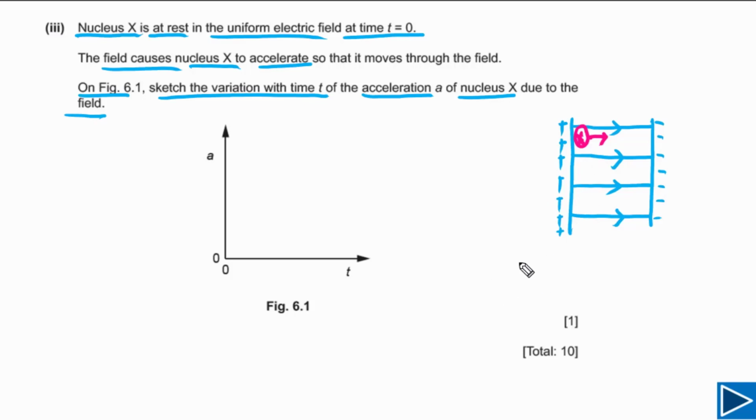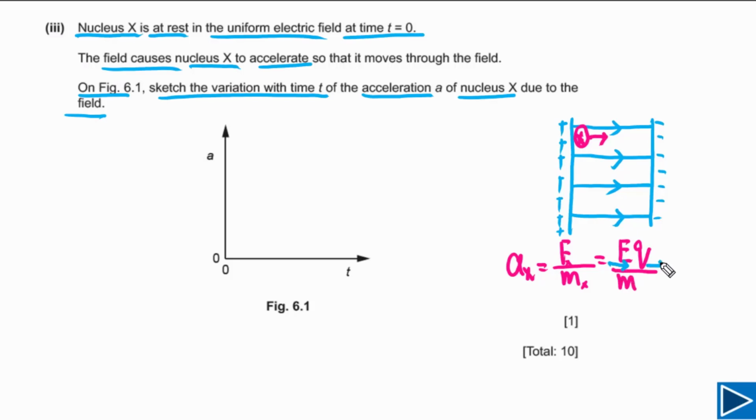If we look at this nucleus X and we need to calculate its acceleration, that will be simply equal to the resultant force on nucleus X divided by the mass of nucleus X. So the net force acting on this particle is only electric force. So we have written EQ over M. Now E is the same because electric field is uniform.